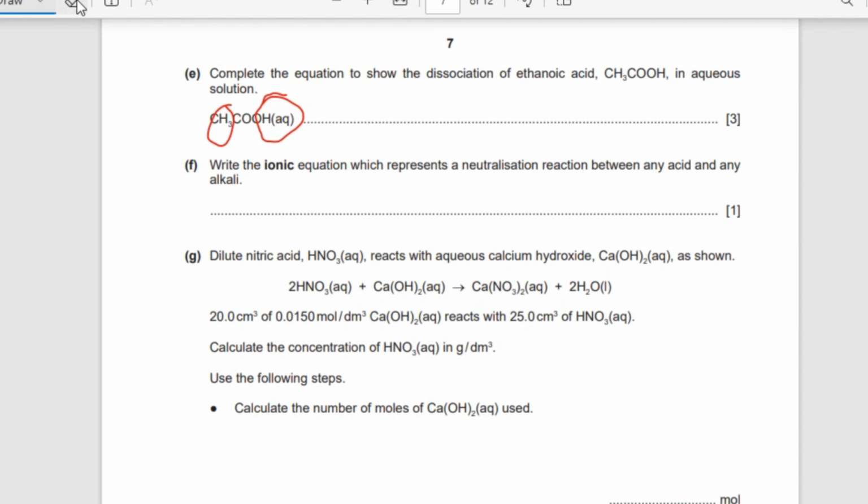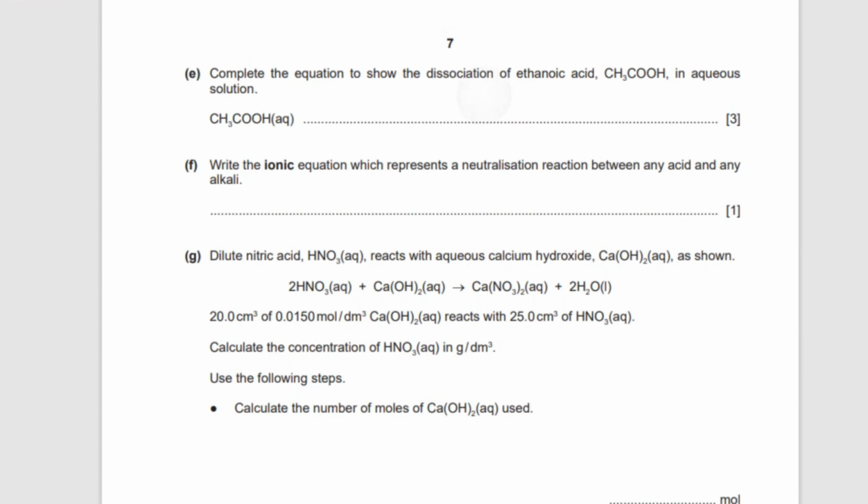Okay, so if you are writing the dissociation, you are writing it such that the one hydrogen ion, and it has to be aqueous, plus the remaining part of the molecule, which is CH3COO.